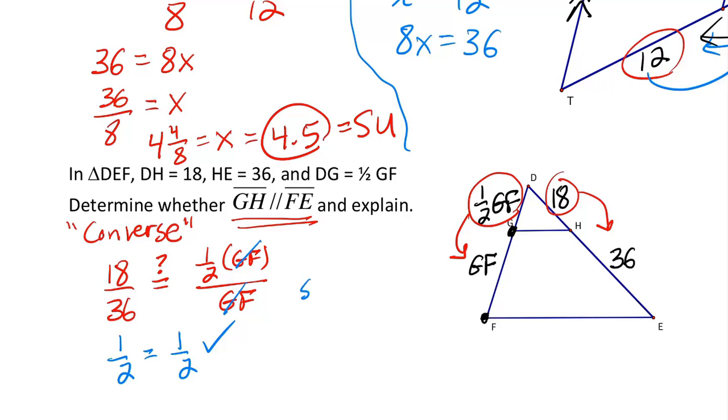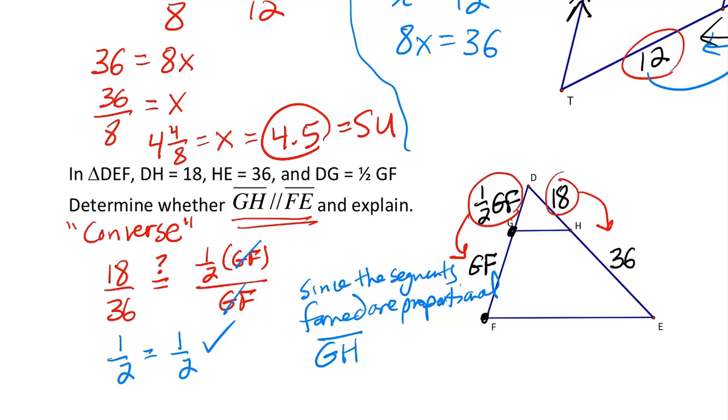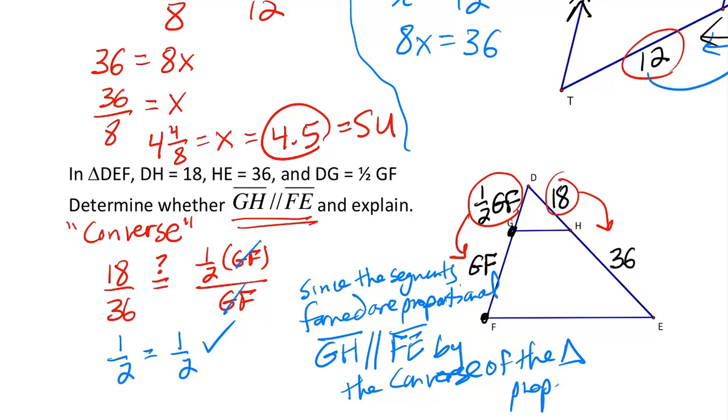So we'd say, since the segments formed are proportional, GH is parallel to FE by the converse of the triangle proportionality theorem. As they asked us to explain, there's an explanation.